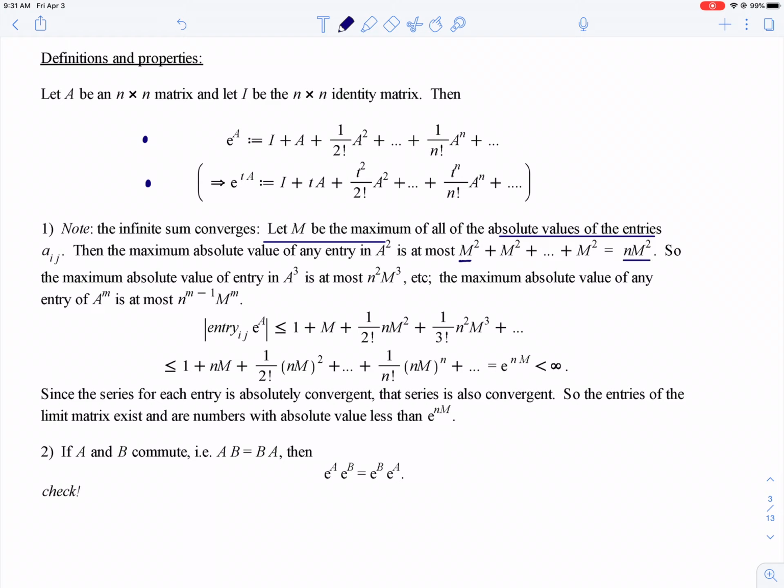So the largest absolute value for any entry of A squared is n times M squared. Then if you take A squared times A to get A cubed, the largest absolute value of each term there is nM squared times M, and you're adding up n of them, so you get n squared M cubed as the largest absolute value of any entry in A cubed, and so on.